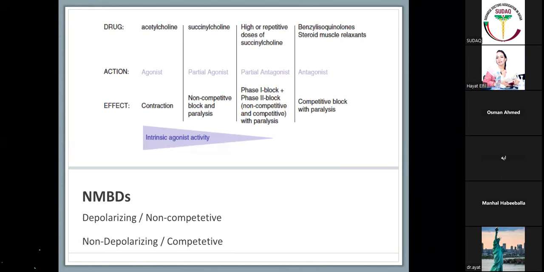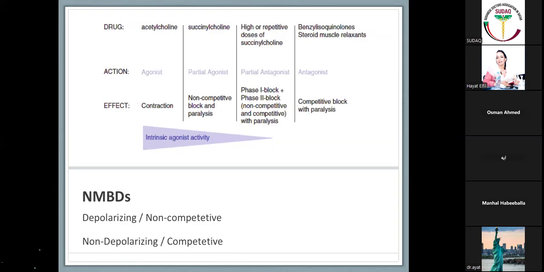But at this stage, I want you to understand that acetylcholine is the natural agonist, and it causes contraction at the neuromuscular junction by attaching to the alpha subunit of the acetylcholine receptor. While succinylcholine, as we will see, is two molecules of acetylcholine joined together, so we consider it a partial agonist.